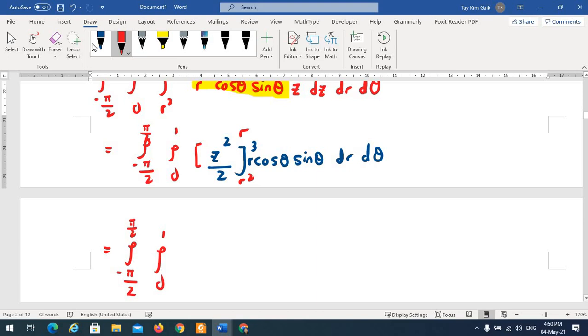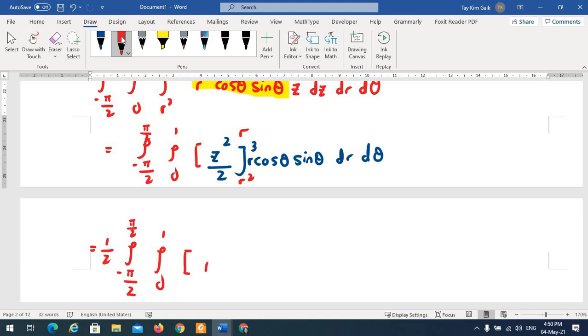And we factor out the half. Half here I factor out. So it's r cube.